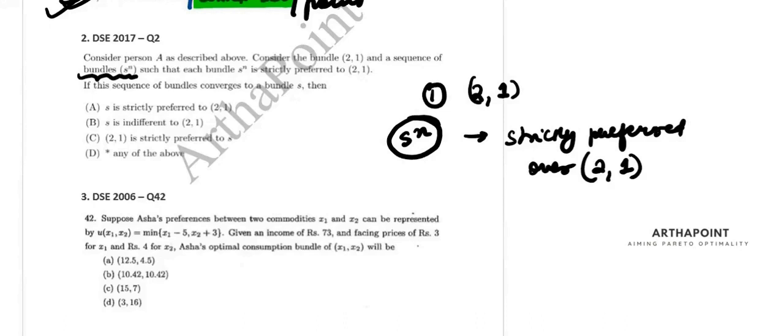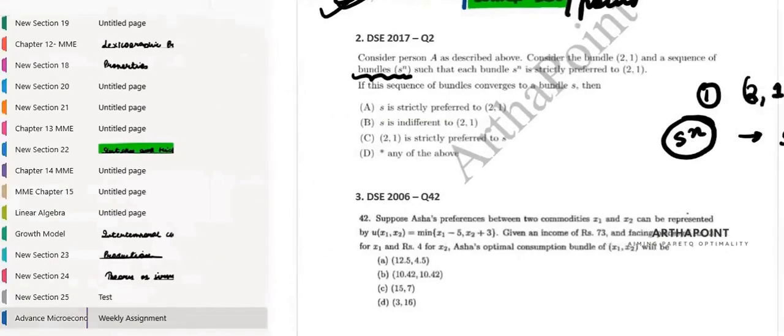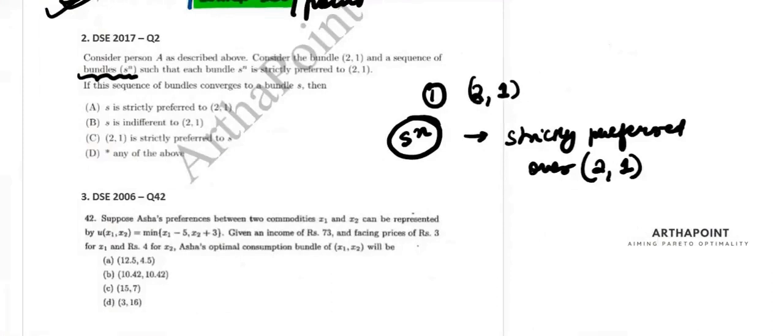Now, in order to create this (2, 1), you can refer to sequences in series. In order to create this bundle, you can take different values.